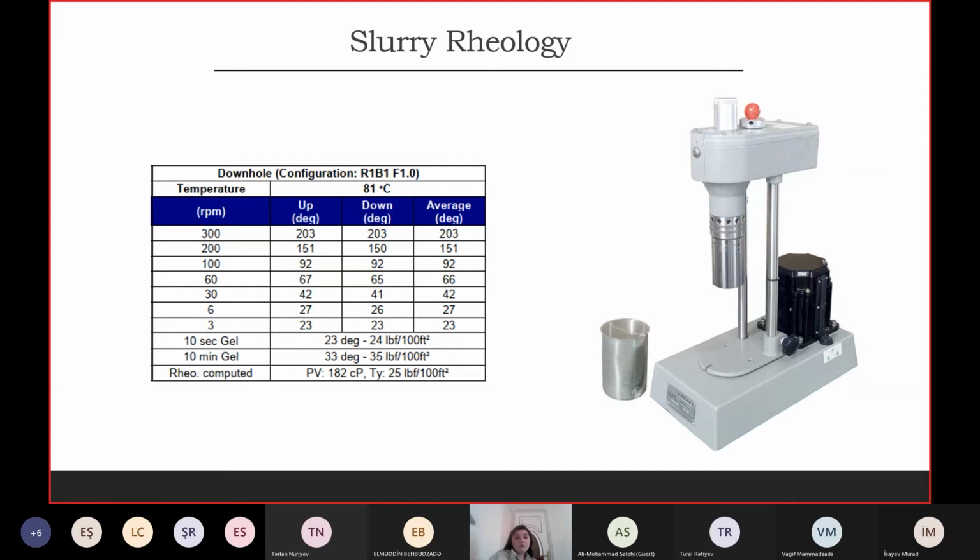If you have seen any mud report from any drilling company, you should be aware of these parameters, because these are the main parameters for mud, and all mud companies have these tools, but there is a small difference. They start from 600 RPM, but for cement slurry, we don't have 600 RPM. This is very fast, and it is not applicable for slurry because we are not pumping slurry at such high rates, and that's not representative.